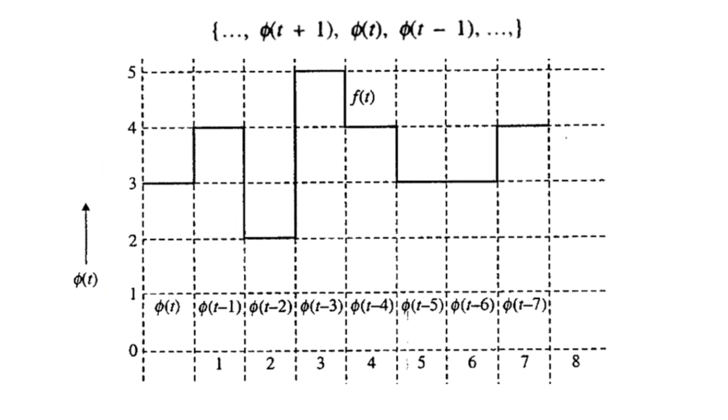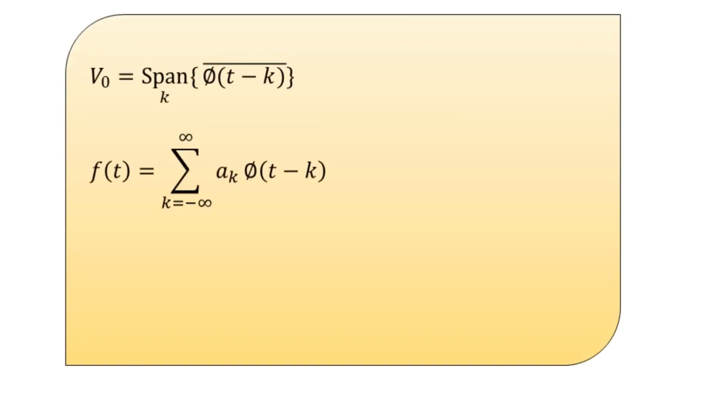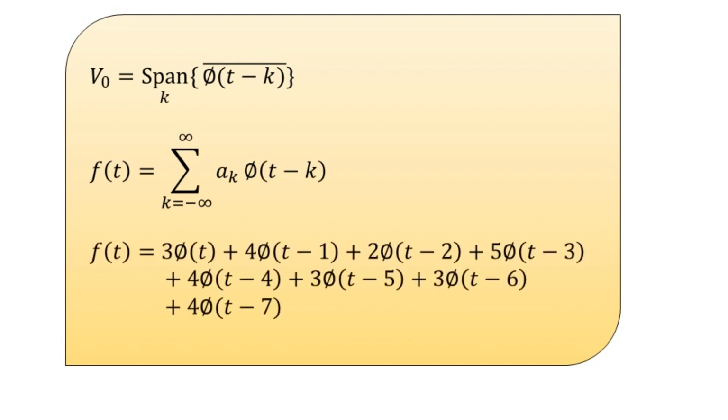So let us have the representation of the same signal with piecewise constant amplitude in the unit intervals defined. In the function space capital V0 we have the representation with this functional basis. So f of t will be equal to 3 times phi of t.